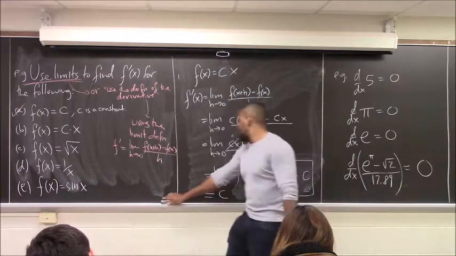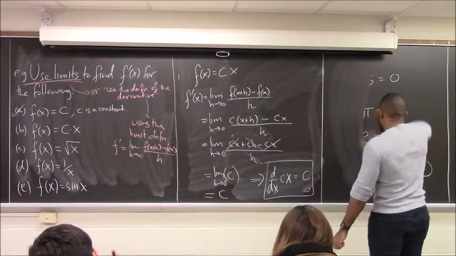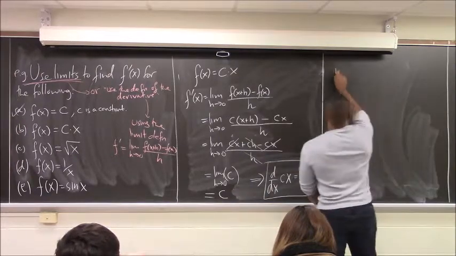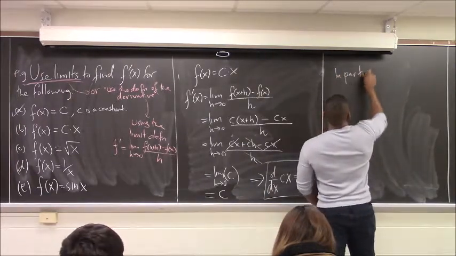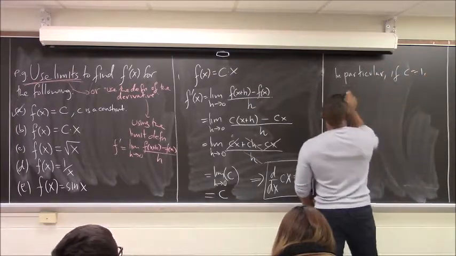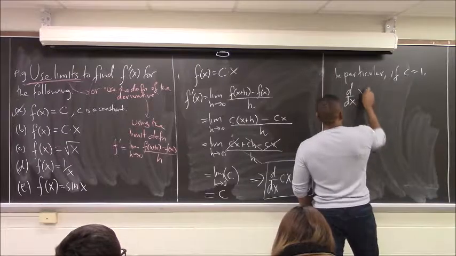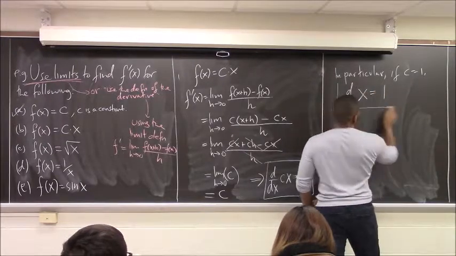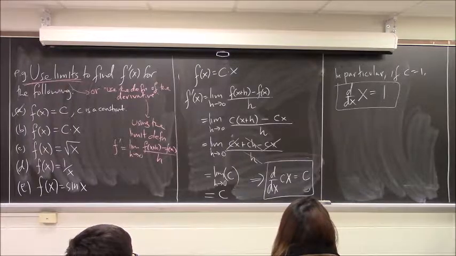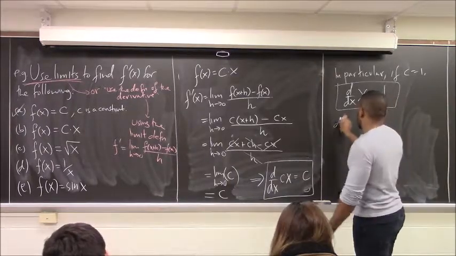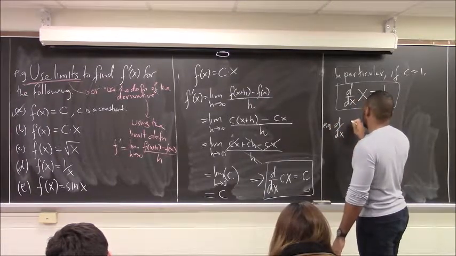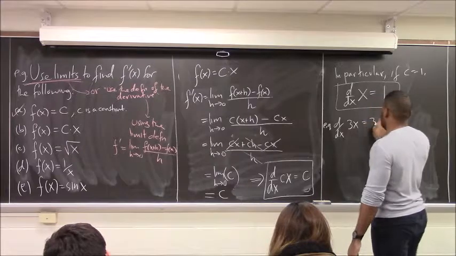In particular, if c equals 1, this tells us the derivative of x is the number 1. Also something that is nice to know right off the bat. So, for example, the derivative of 3x, as I said, would be 3.